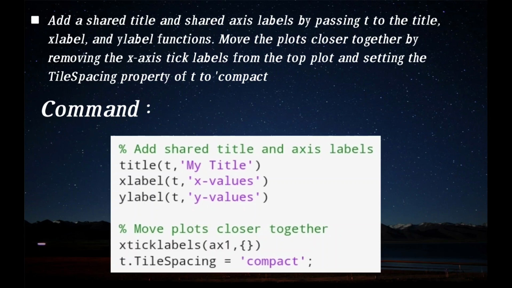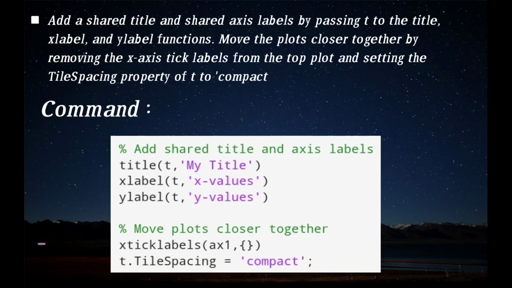Add a shared title and shared axis labels by passing t to the title, xlabel and ylabel functions. Move the plots closer together by removing the x-axis tick labels from the top plot and setting the TileSpacing property of t to compact.